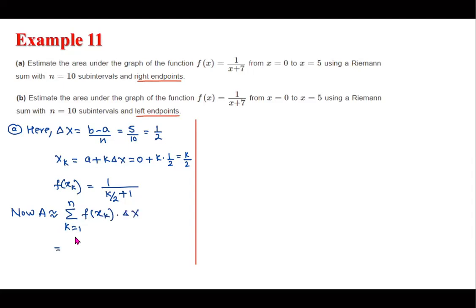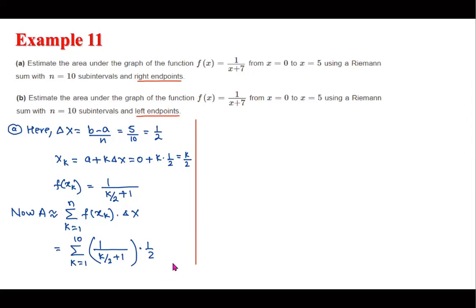In this case, k equal to 1 through 10. f of xk we got here, that is 1 over k over 2 plus 1. And we have to multiply that by delta x, which is half.